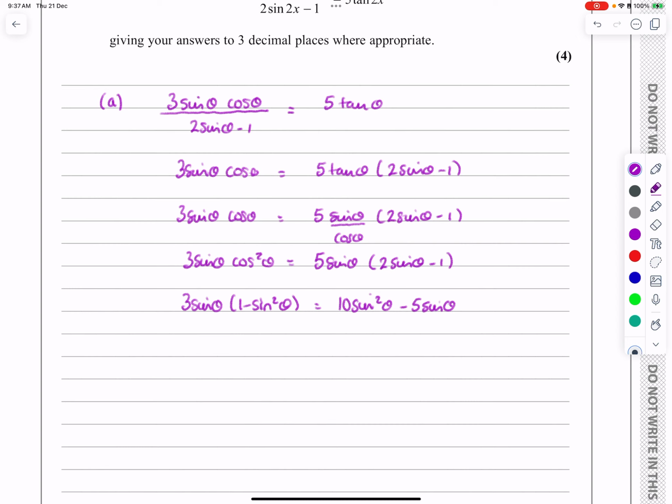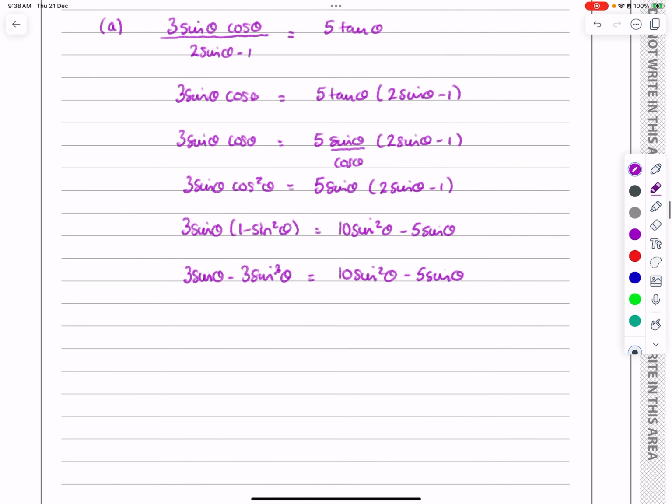Let's multiply out the left-hand bracket now. 3 sine theta minus 3 sine cubed theta is equal to 10 sine squared theta minus 5 sine theta. And now get it all equal to 0. Let's get the cubed over to that side, I think.